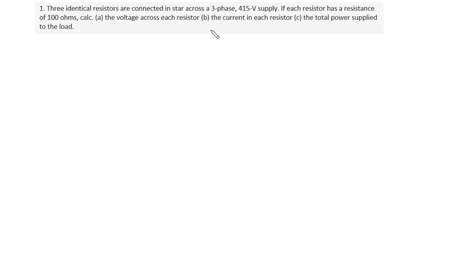Now let's try this question together. So considering this question, we have 3 identical resistors connected in star, which means that those 3 resistors have the same value of resistance, and hence we have a balanced load system. We are being told that the supply voltage, that is the line voltage, is 415 volts, and then we have a star configuration.